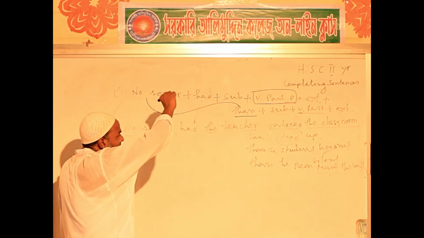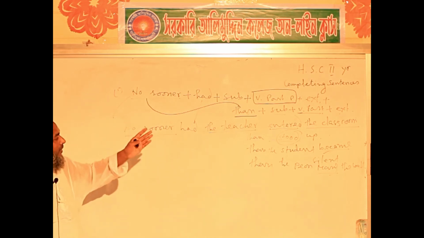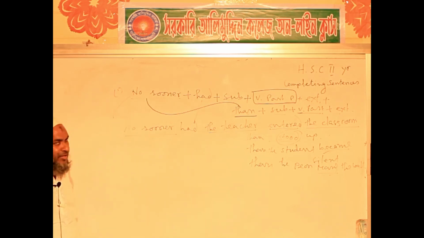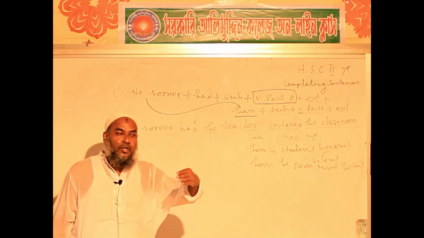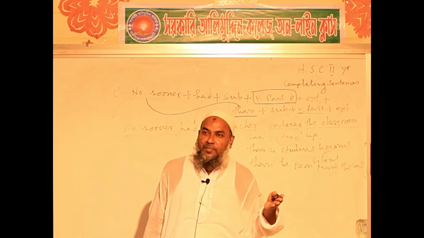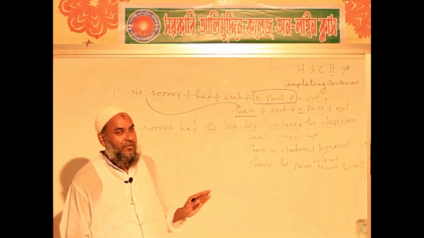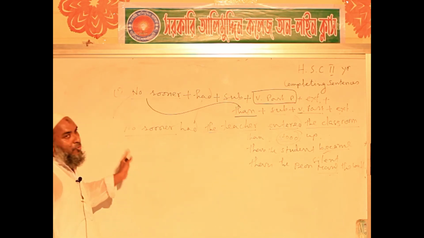If there is a no sooner, there must be then as a conjunction. So if a student writes this structure in this way, inshallah he will write correctly. But if he does otherwise, it means that he has made some mistake. So we should be alert whenever we write the structure of no sooner.